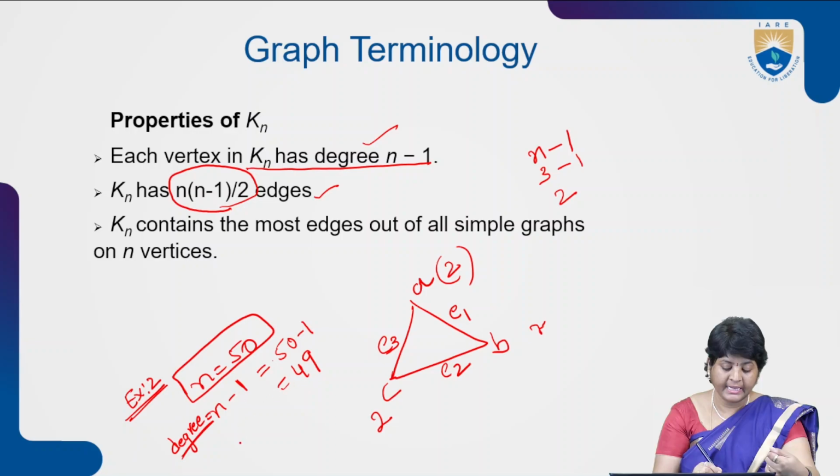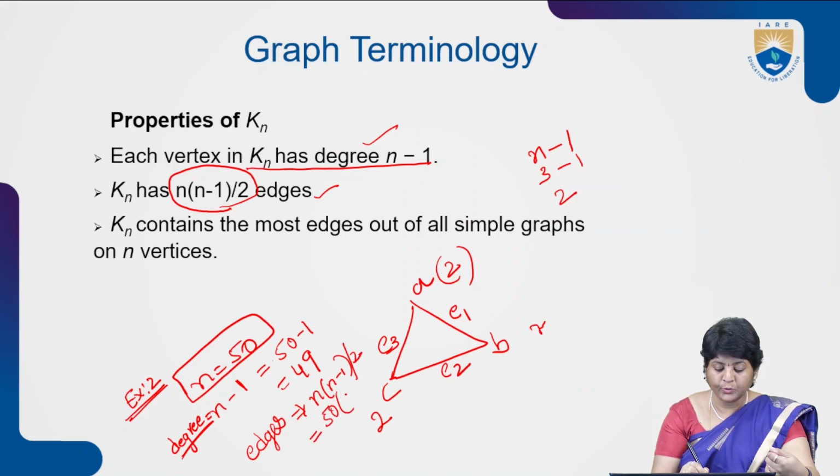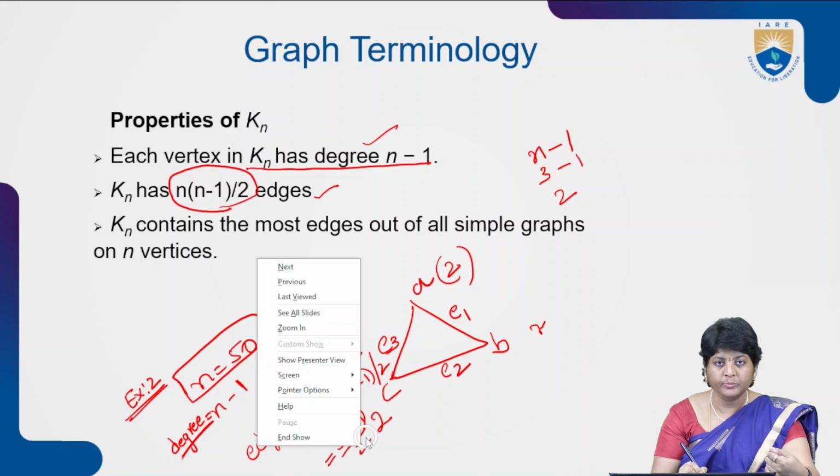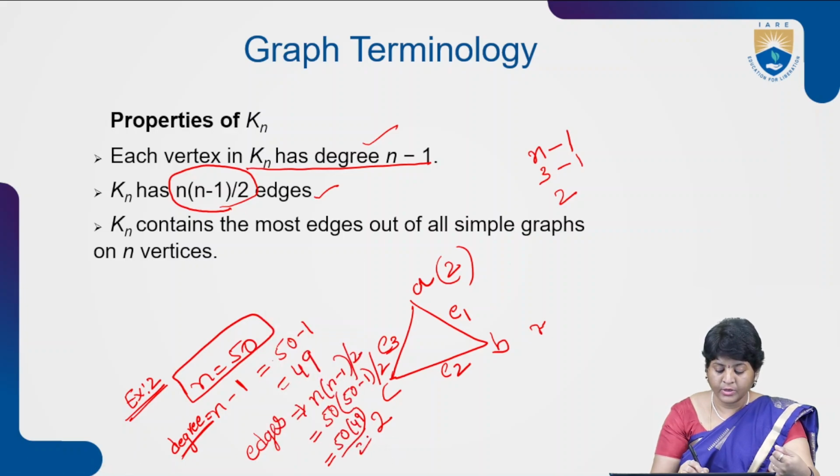And similarly, if you want to find the edges, then the formula is n into n minus 1 by 2. So here n is 50. So 50 into 50 minus 1 divided by 2, which is 50 into 49 by 2. How will we calculate here?